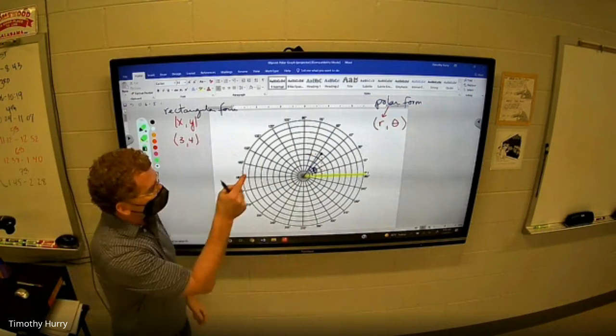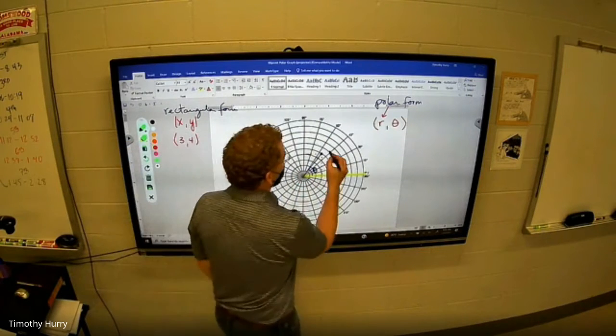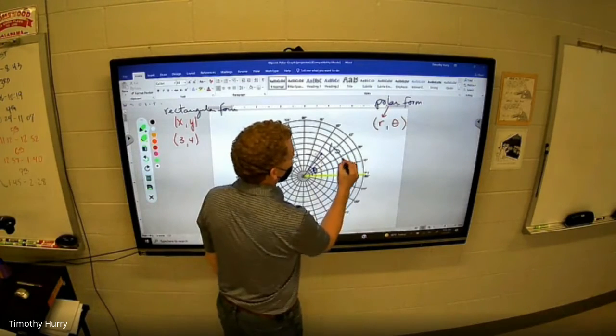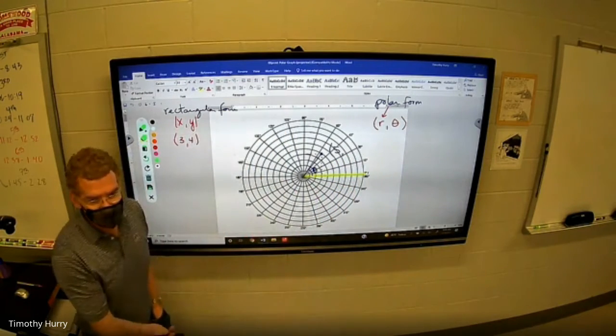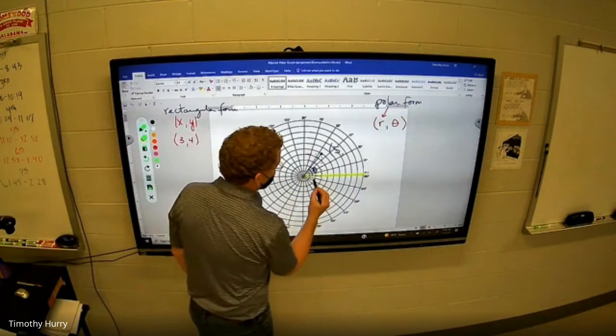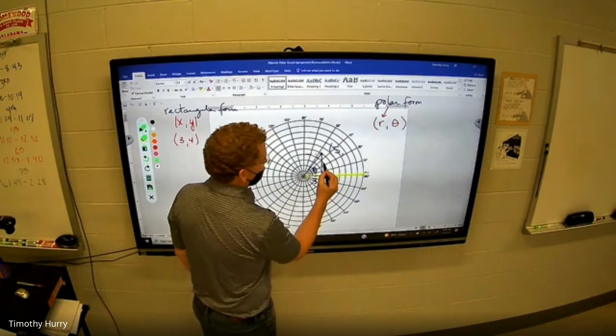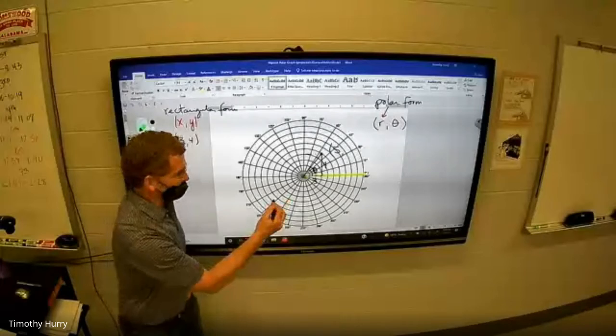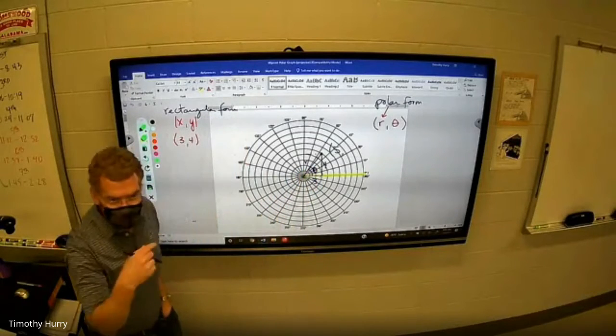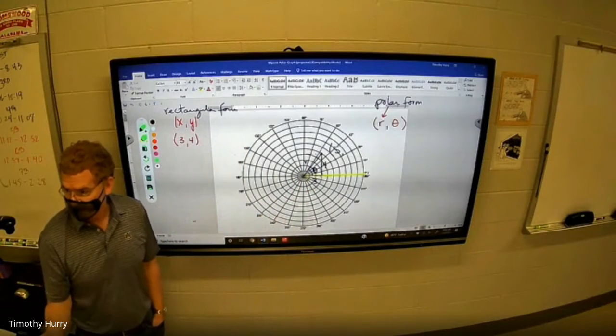Well, I think if you saw where we got this point right here that the radius was 5, you saw that connection, right? If you have an X value that's 3 and a Y value that's 4, it makes sense that the R value is going to be found through the Pythagorean theorem, right?